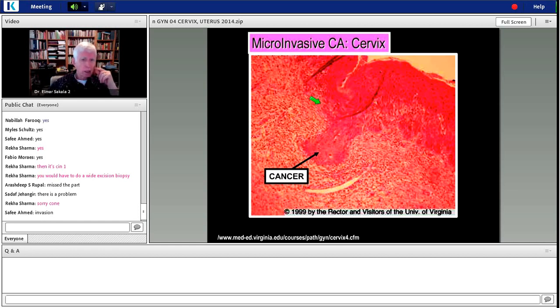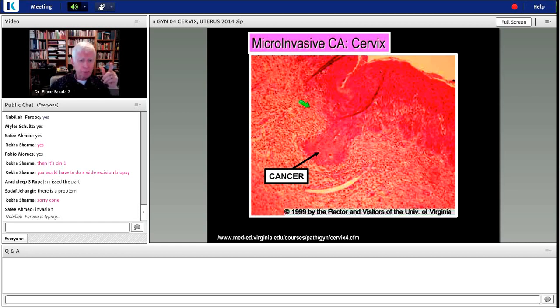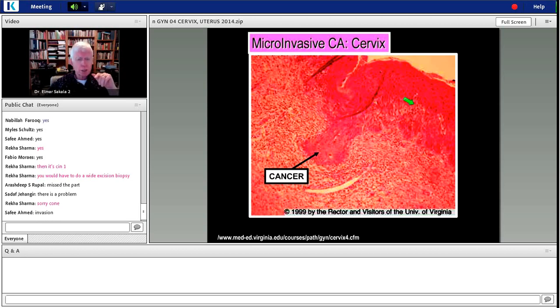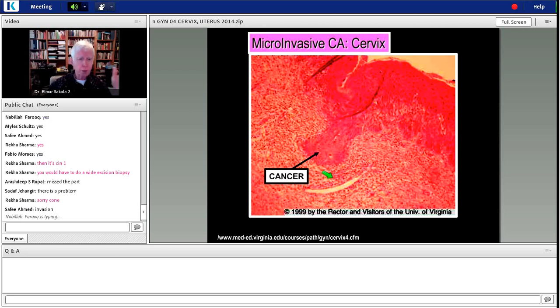Whether we call it microinvasive or minimally invasive depends on how many millimeters deep it has gone. Now, we don't have a ruler to assess how many millimeters it has gone down, but the histology report should tell you that because that's going to be important in the staging.